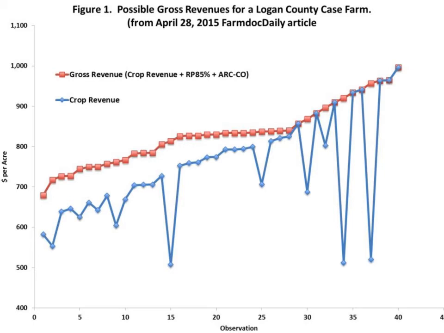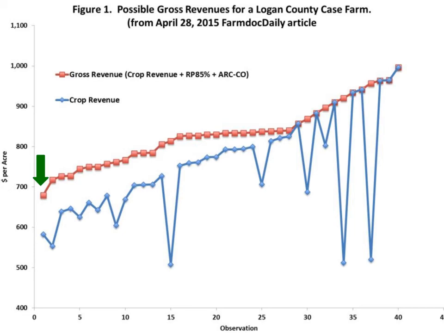This graph from an April 28, 2015 farmdoc daily article looked at price and yield changes from spring to fall, and that was used to project 2015 corn revenue, and the results are shown here. Each dot on the red line gives gross revenue. Each dot on the blue line gives crop revenue. The difference between those two is ARC payments and revenue insurance payments.